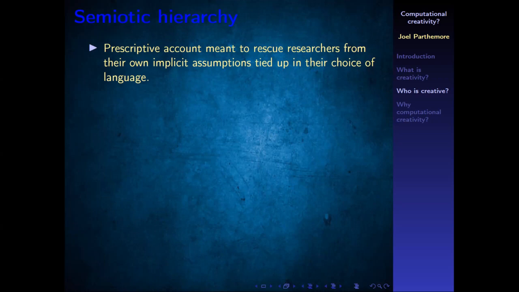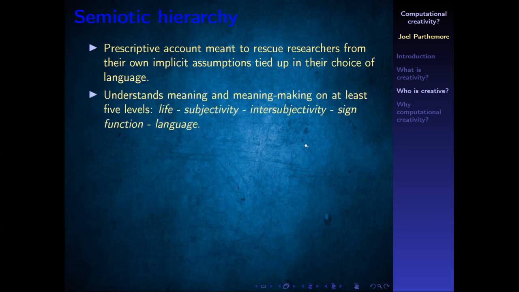He offers his account as a way to rescue researchers from what he considers their own implicit assumptions tied up in their choice of language. And I want to agree very strongly with him there. We can't ever really move away from the assumptions that are in the general usage of terms when we try to redefine terms with specialized meanings.